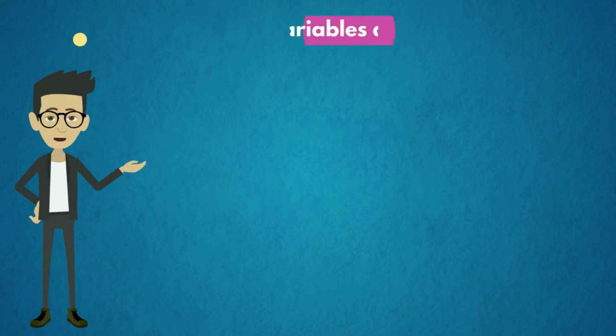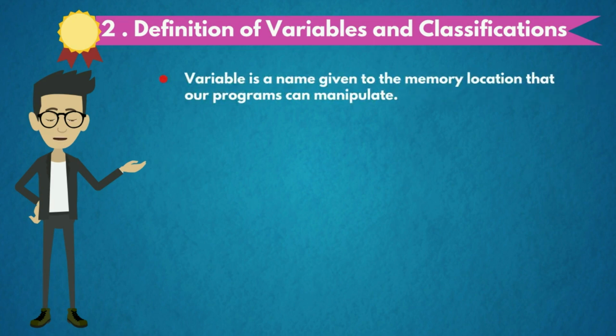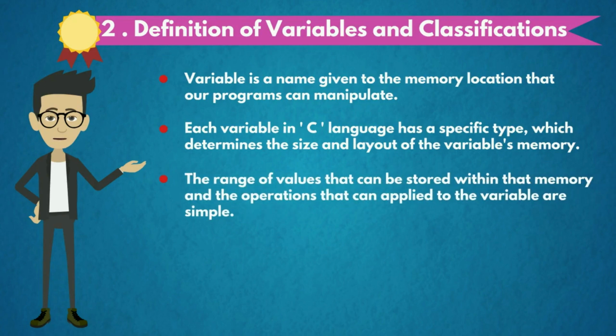The second concept is definition of variables and classifications. What is a variable? The answer is, a variable is a name given to the memory location that our programs can manipulate. Each variable in C language has a specific type, which determines the size and layout of the variable's memory, the range of values that can be stored within the memory, and the operations that can be applied to the variable.